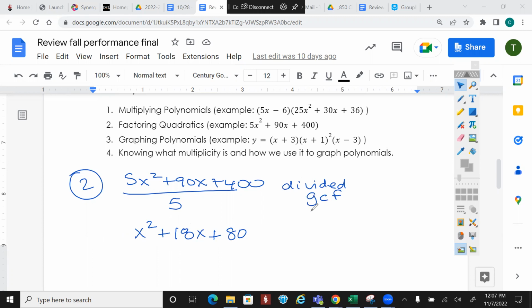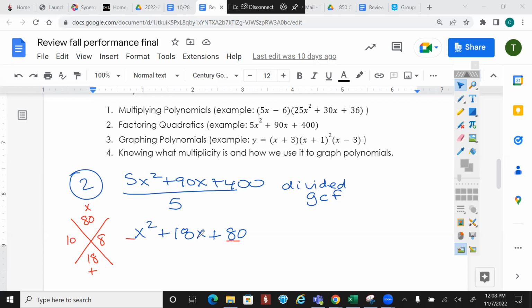Now I'm going to factor our normal way, the big X, the whole thing. So A times C gives me 80 and B is 18. What two numbers can I multiply together to give me 80, but add together to get 18? A 10 and an 8, right?